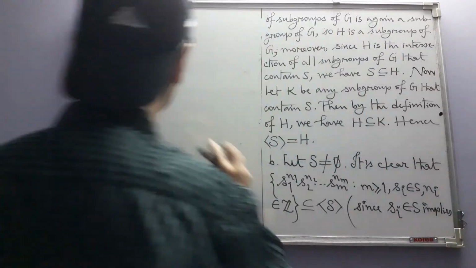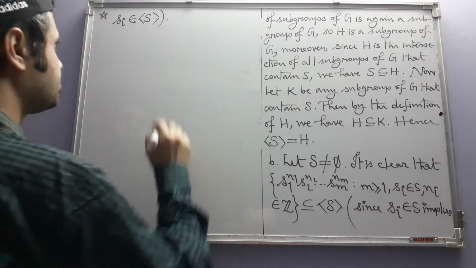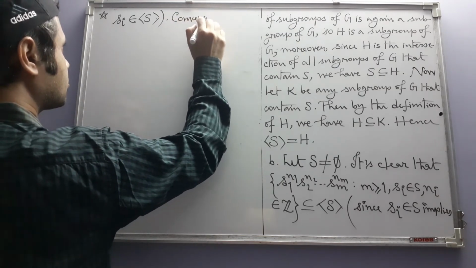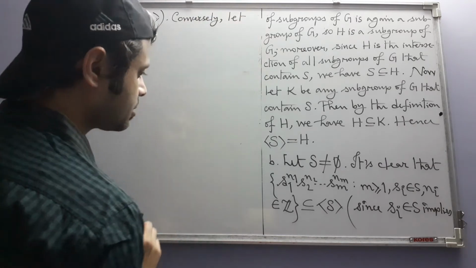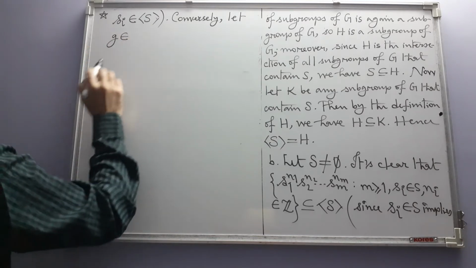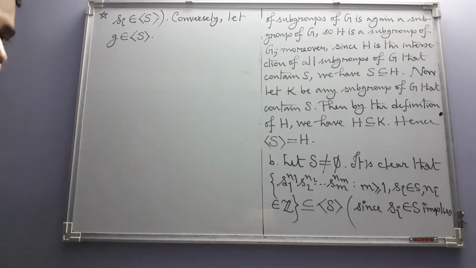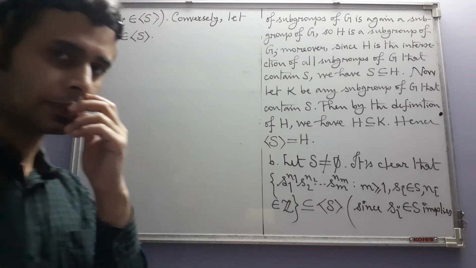Now conversely, let g belong to the subgroup generated by S. Okay, we have to now show that g is actually equal to something like this.